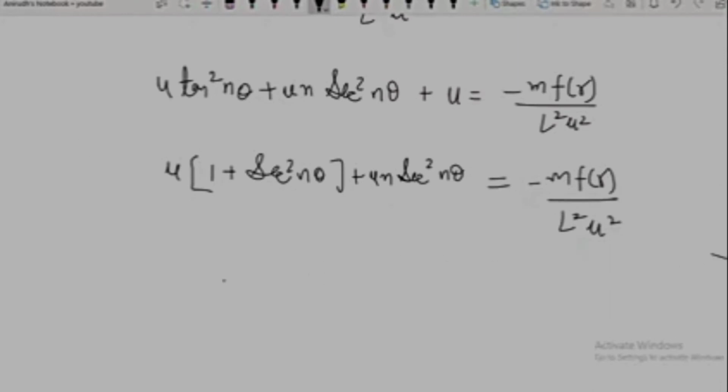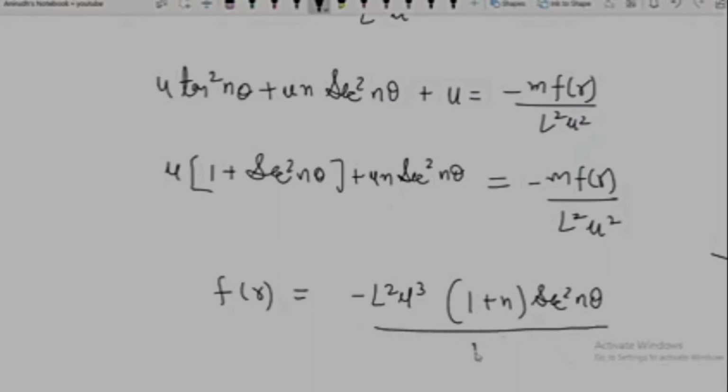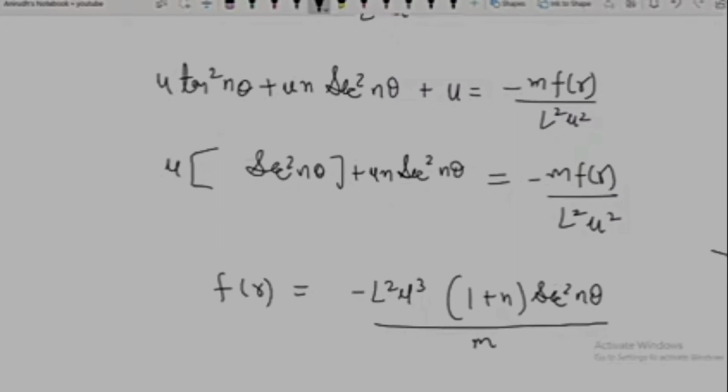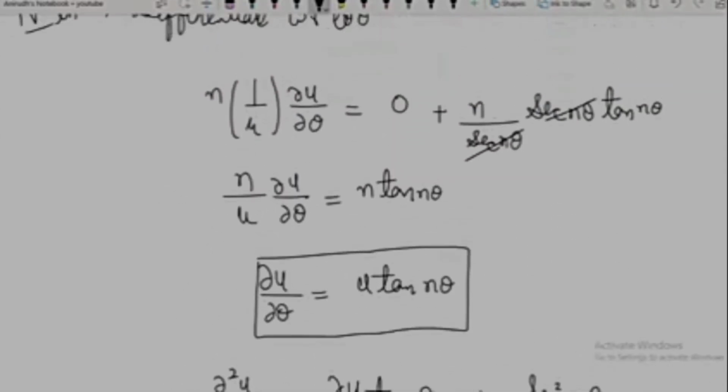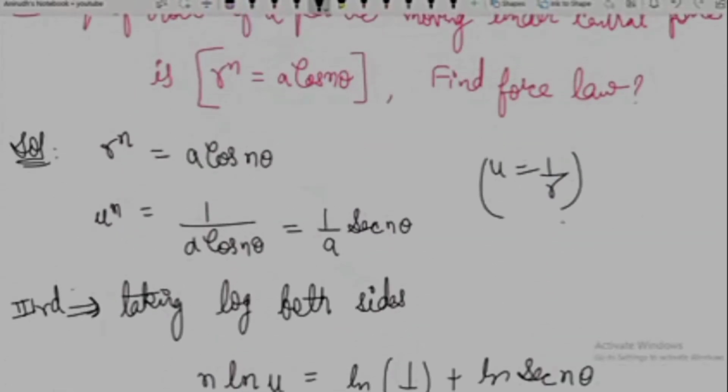From this equation, we can write force f of r is equal to minus L square u cube into 1 plus n secant square n theta divided by m. So 1 plus tan square n theta will be written as secant square n theta. So taking secant square n theta common, we get 1 plus n. After that, we have to substitute the value of u. For that, we know u power n is equal to 1 by a secant n theta.